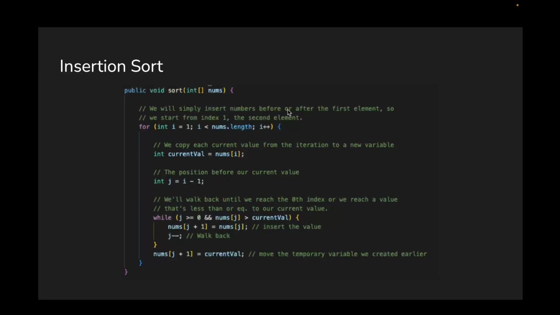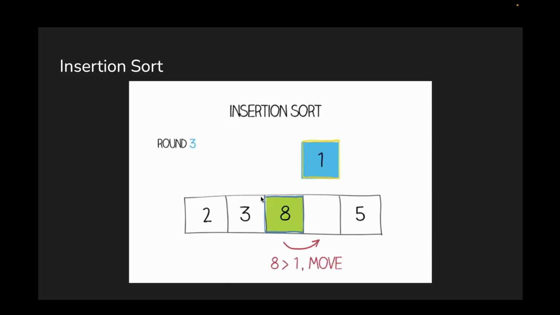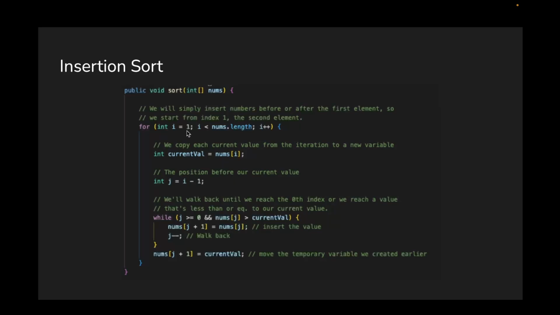So here is the implementation for insertion sort. We're going to have one outside loop that's going to insert numbers before or after the first element. So we'll start from index 1, which is the second element. We say i equals 1, and i is less than the length of the array.